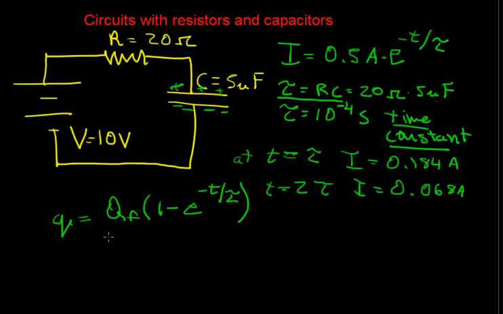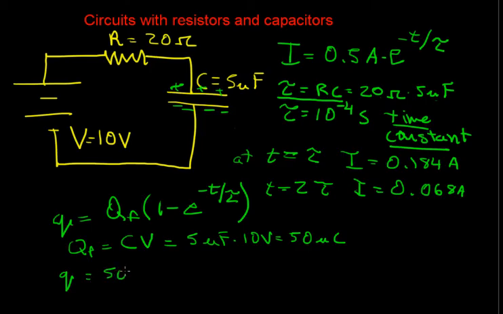And Q final, again from earlier, is just equal to the capacitance of the capacitor times the voltage, and that's 5 microfarads times 10 volts, which is equal to 50 microcoulombs.